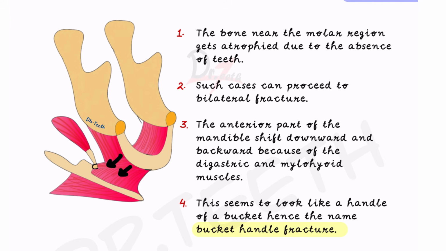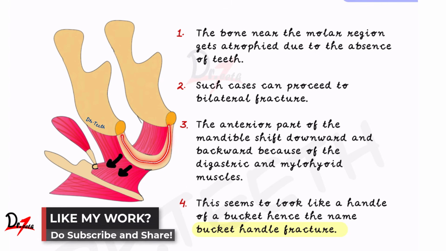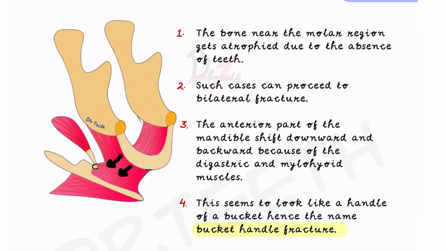Such cases can proceed to bilateral fracture. Now when we have a fracture bilaterally in this region, what will happen? This anterior portion has a lot of muscles, so they will act and apply forces, and it will shift the anterior part of the mandible downward and backward. These muscles are the digastric and the mylohyoid muscles.